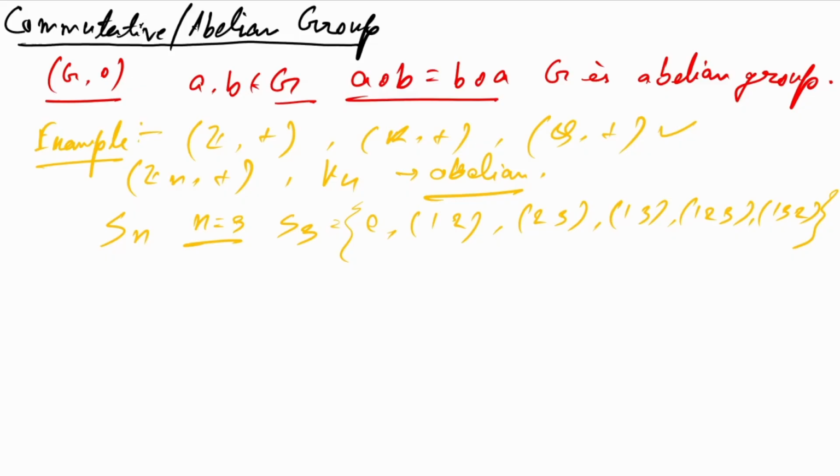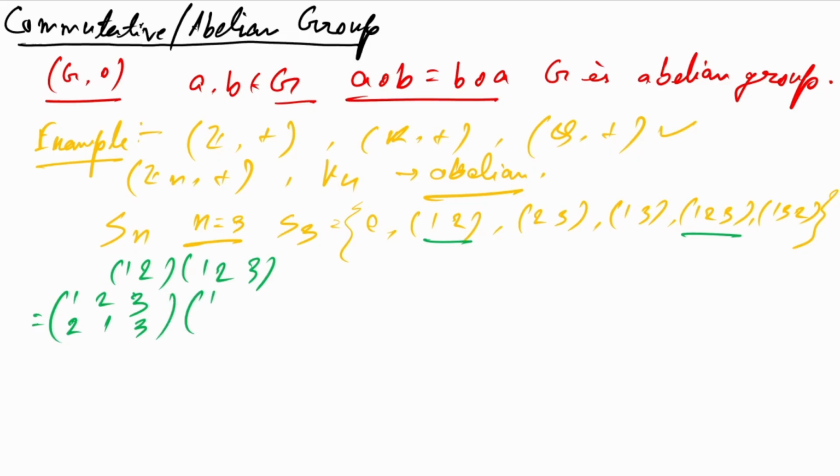So you can take any two elements. Suppose you take (1 2) and (1 2 3). Now do their product, (1 2)(1 2 3). So this is what? (1 2 3 / 2 1 3) and (1 2 3 / 2 3 1).